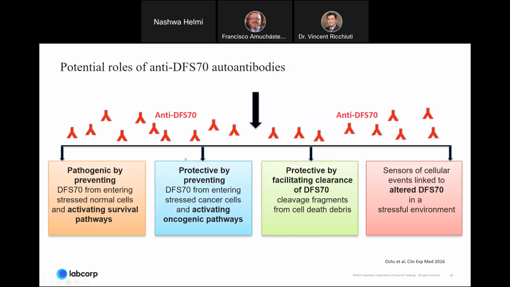They may have a protective effect by preventing DFS70 from entering the stressed cancer cell and activating the oncogenic pathway. And then a protective effect by facilitating the clearance of the DFS70 cleavage fragments from the cell debris and avoiding overproduction of autoantibodies. They are also involved as sensors of cell stress, which we talked about, in a stressful environment.